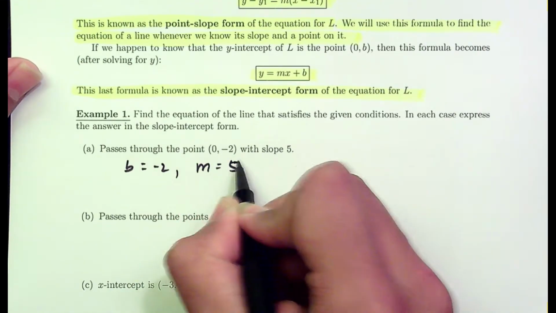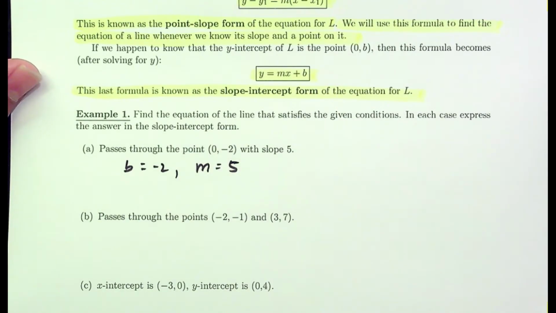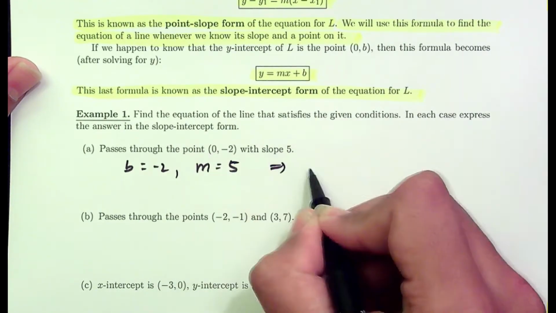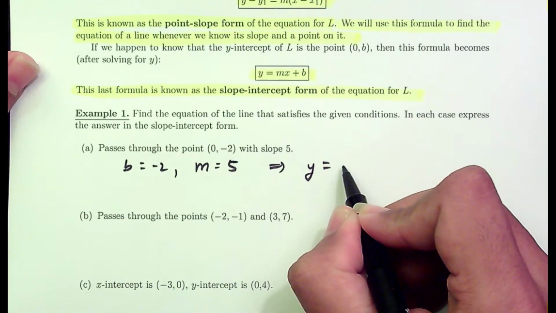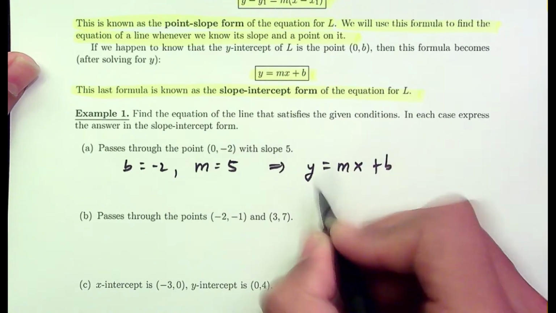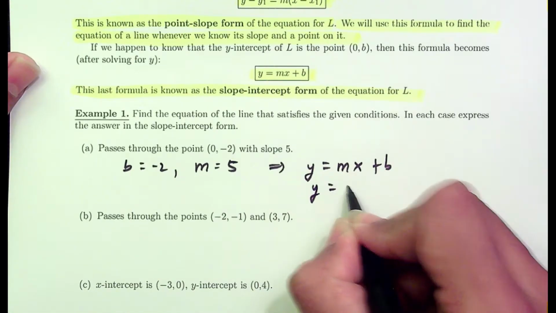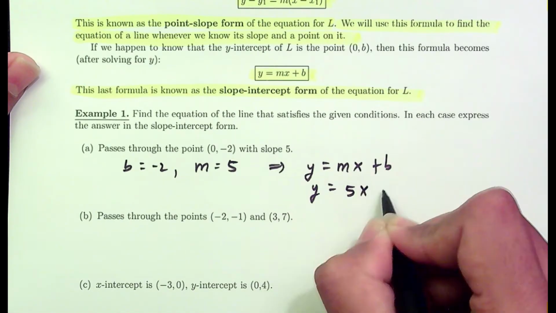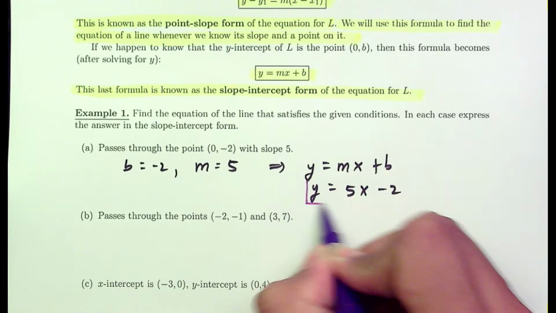So then you can just use the slope-intercept form to write the equation of the line right away. And the equation of the line is y equals mx plus b. Okay, but m is 5, b is -2, so that means y equals 5x minus 2, or plus -2. And that is the answer for that.